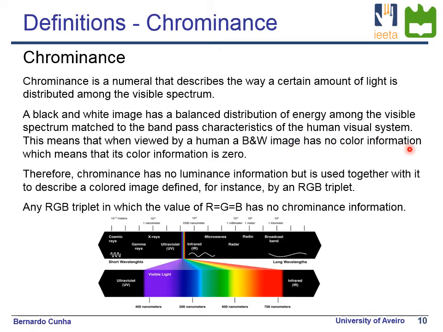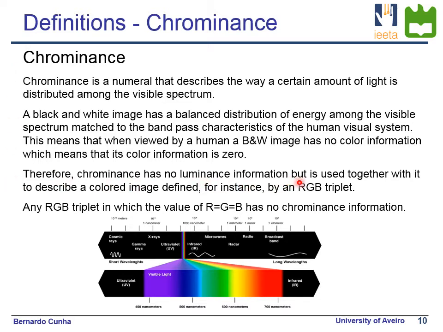I think this is common sense, which means that chrominance or color information in that case is zero. And if we are looking into a black and white image, the only kind of information we have is luminance. That is the amount of energy that strikes each of the pixels that are contained within the image. Therefore, chrominance, which is the second parameter, has no luminance information.